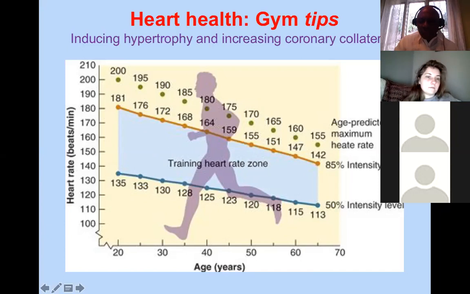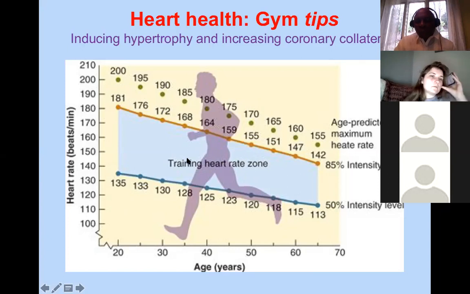This is the age, okay? Age in years, and then the heart rate. So for most of you, and then it gives the range. This is the training heart rate zone. Okay, in the blue shaded part is the training zone.